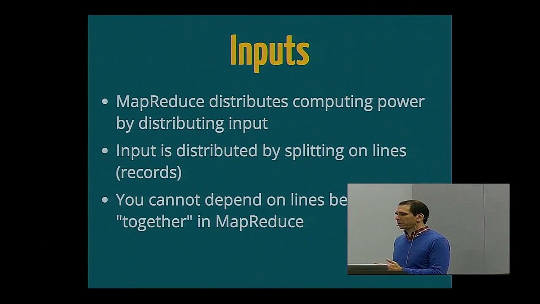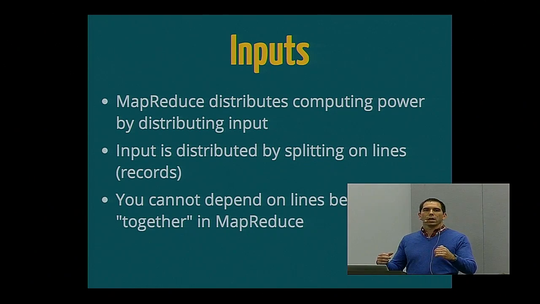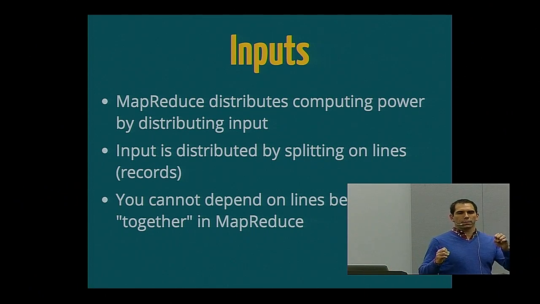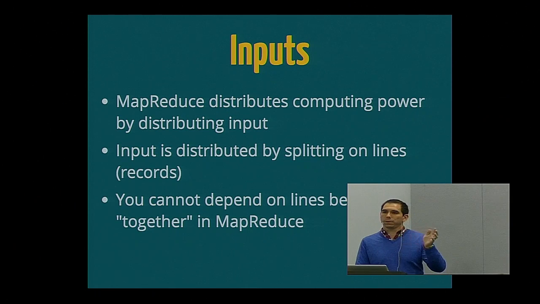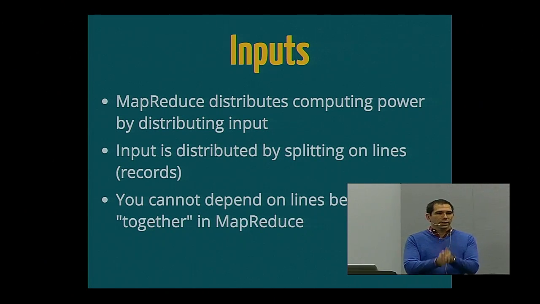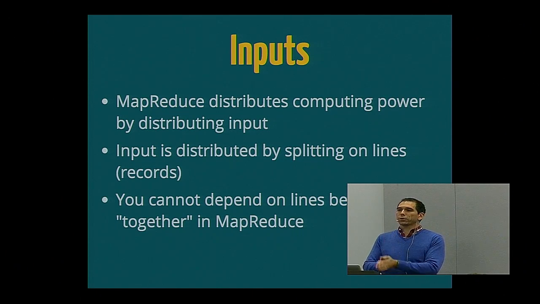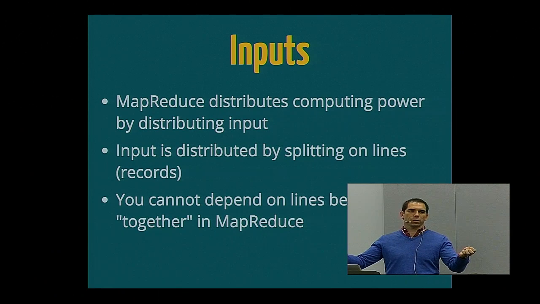So again, as an overview, for these inputs, we're going to be, in theory, distributing this input file over potentially multiple machines. And in mrjob, it can be multiple processes. These inputs can be split at arbitrary points for text files so that we can distribute chunks of this file to different machines.